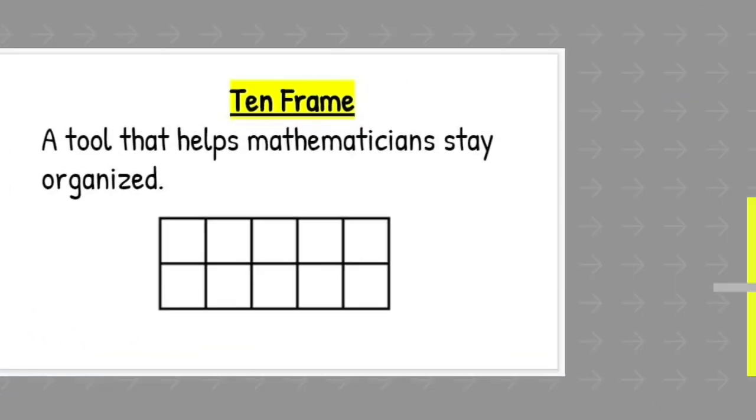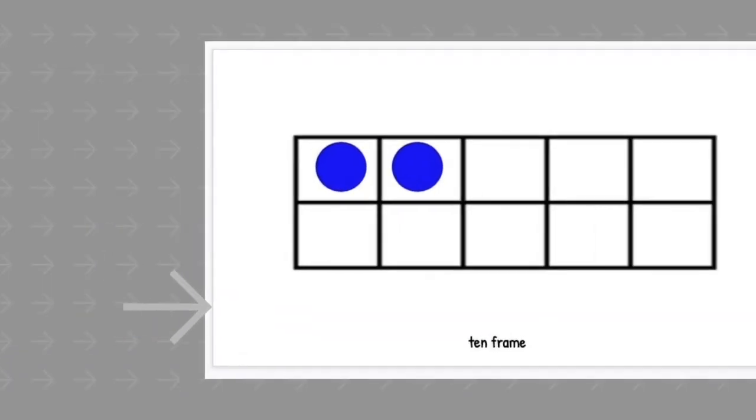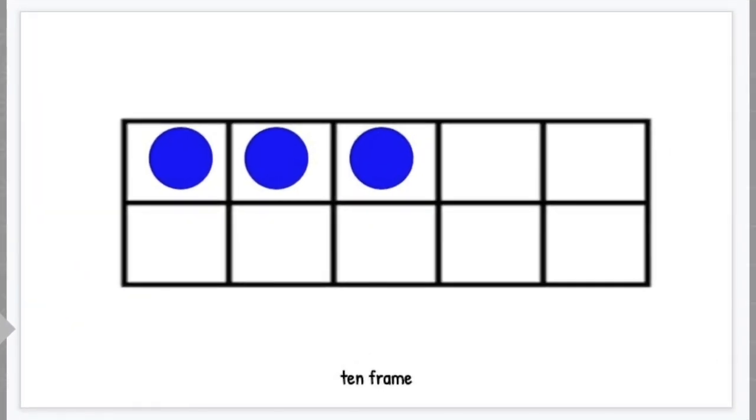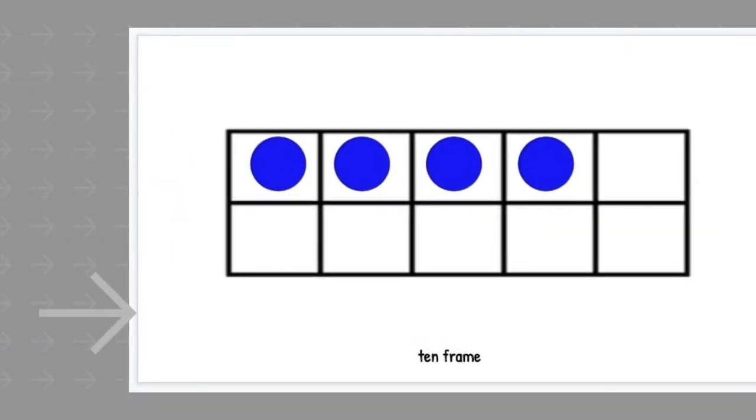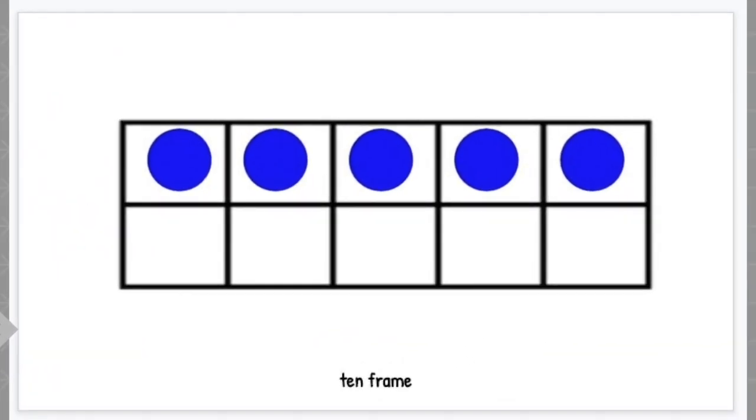And as we start to fill it in, we see 1, 2, 3, 4, 5, and that first row is filled in. So each row has how many? 5. Yes, each row has 5.